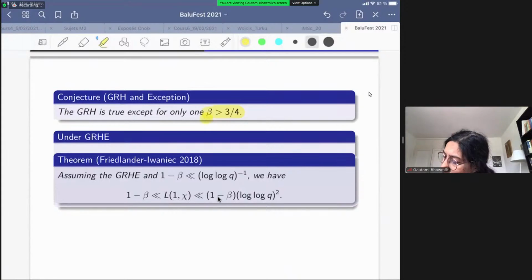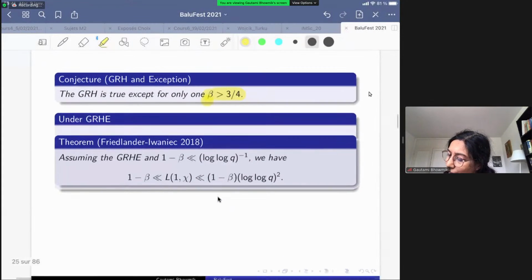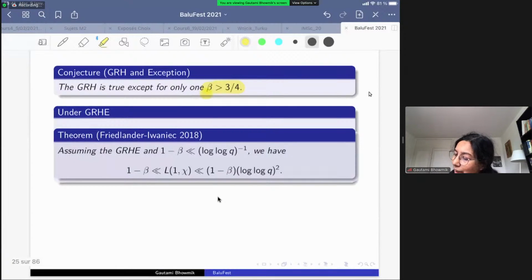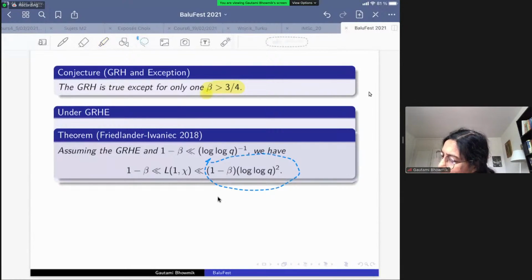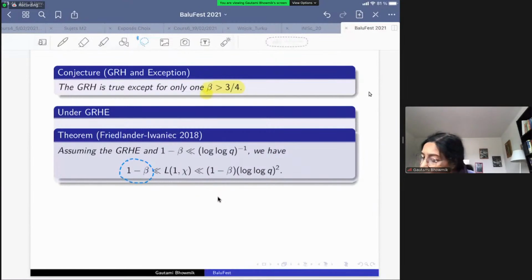Then they show that if we assume this GRHE, and if 1 minus β is less than 1/log Q, in that case L(1, χ) can be bounded by (1 minus β) log Q squared, and on the other hand by 1 minus β. But certain conditions are assumed.